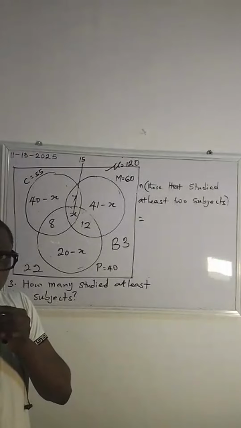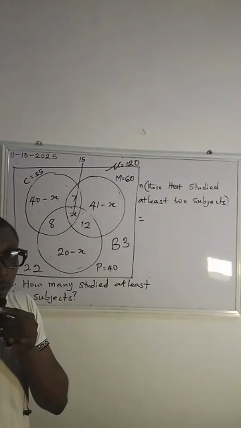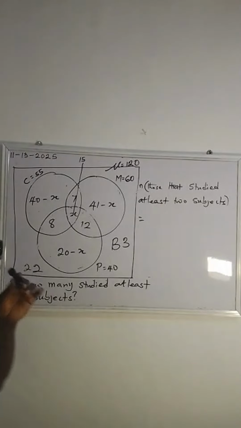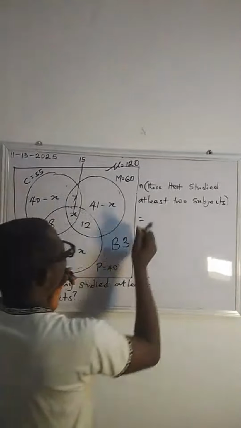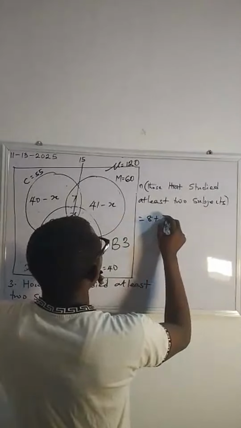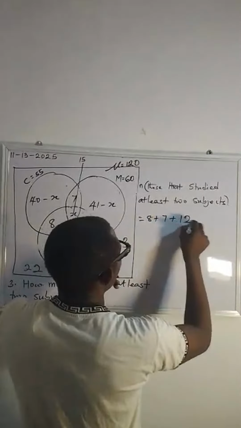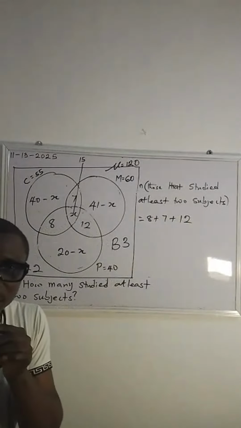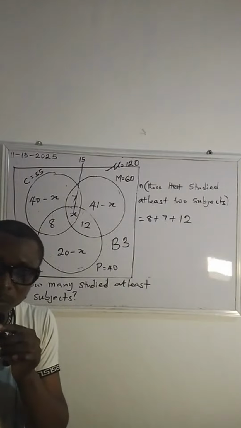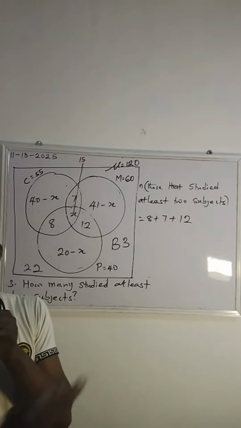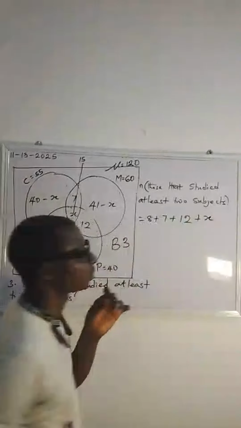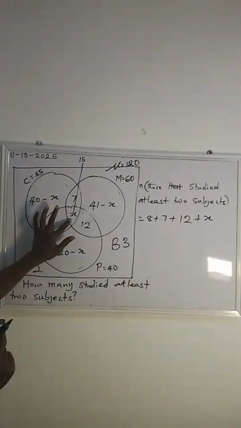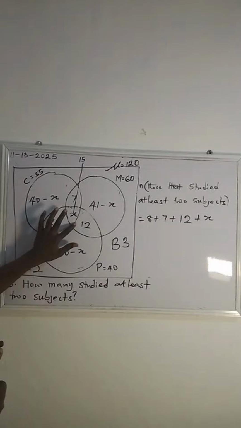At least 2, the minimum is 2, so 2 upward. Now I'm writing those people that study 2 subjects: we have 8 plus 7 plus 12, and those that studied 3 subjects, which happens to be the maximum in this case. So that is plus x, because x study the 3 subjects.